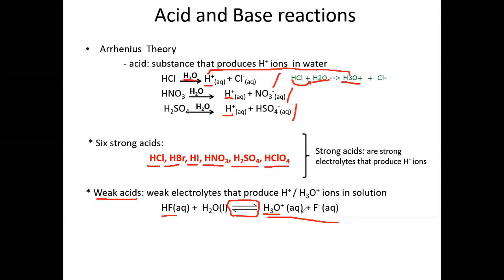So again, acids, for most purposes intended, H is the first element in the formula. When you put it in water, it forms H+, or you could say H3O+. There are 6 common strong acids. Weak acids have a double-headed arrow, which signifies that reactants and products are present at the same time.